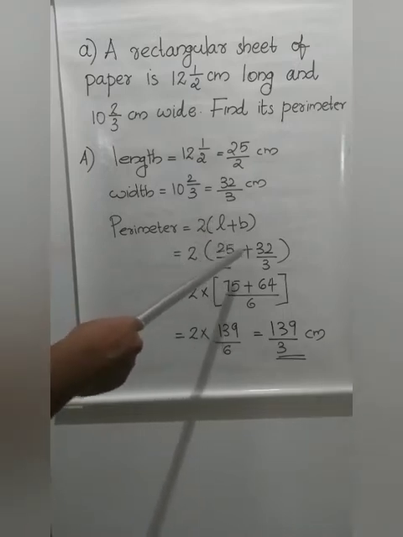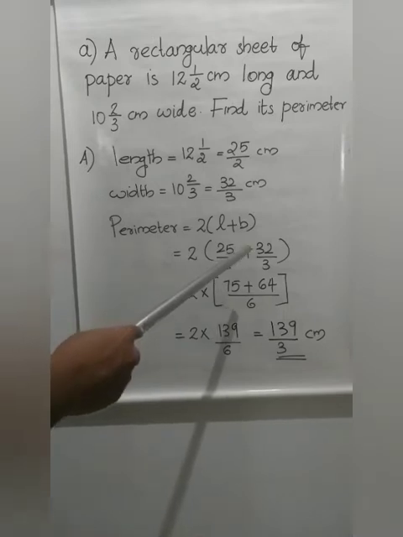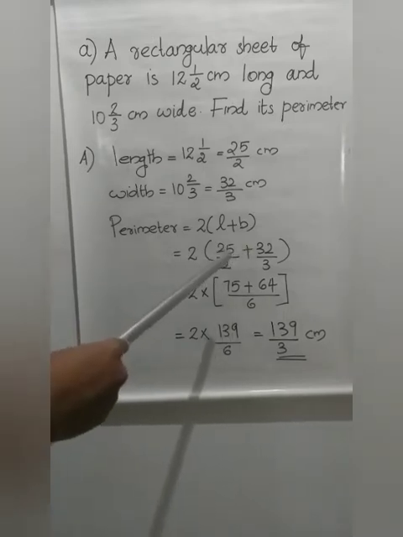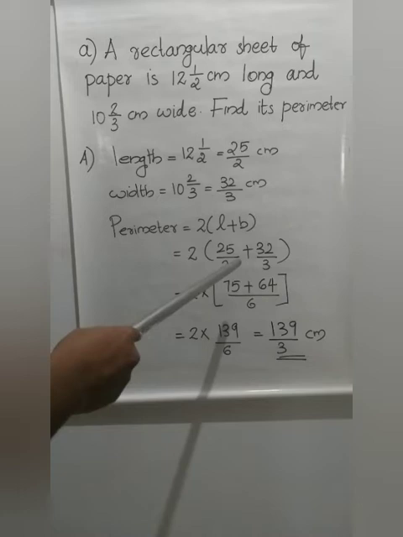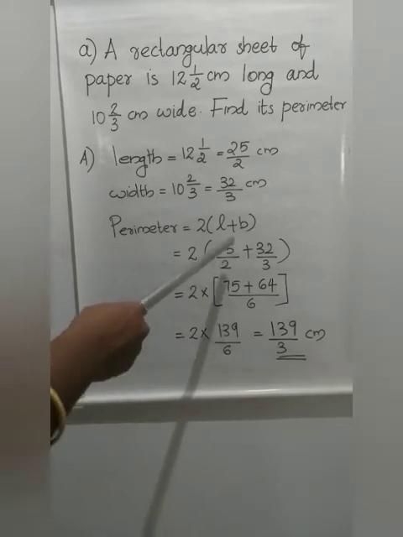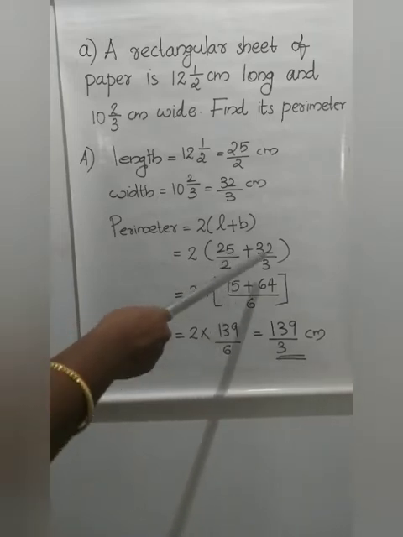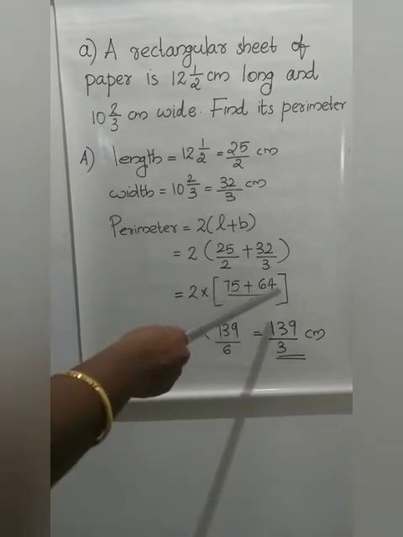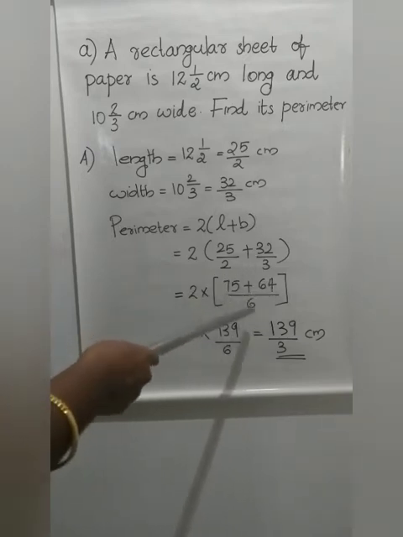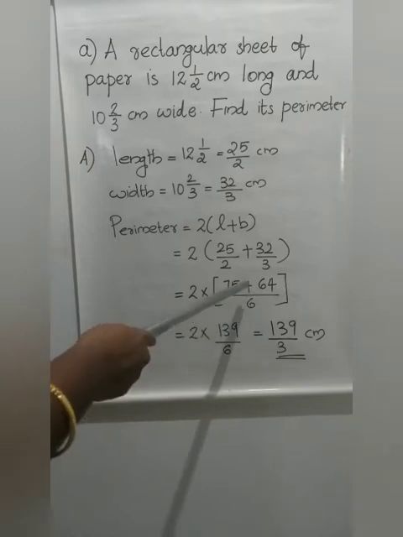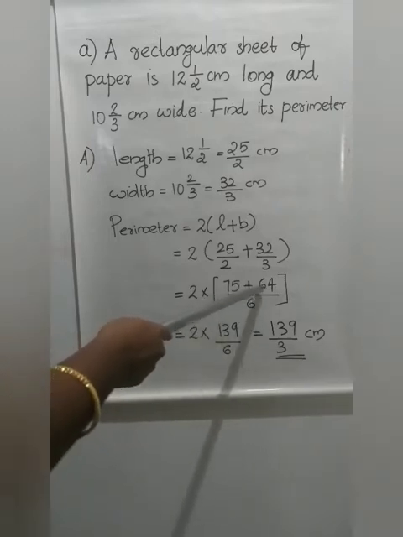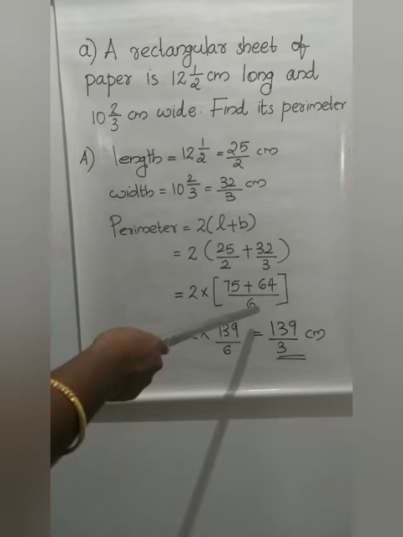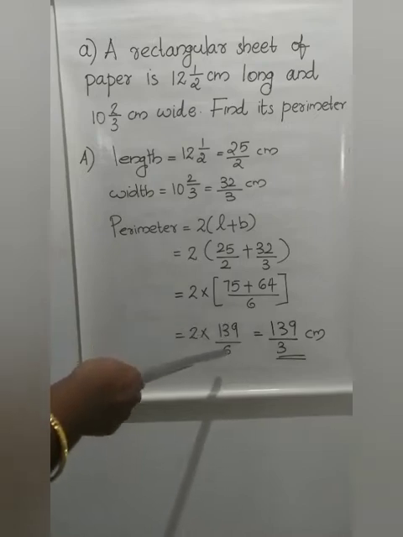These are given as unlike fractions, so make them into like fractions by finding the LCM. Converting, you get 75 here and 64 here. So, 75 plus 64, the LCM you are getting is 6. Now, adding 75 plus 64, 139, and 6 as the denominator.